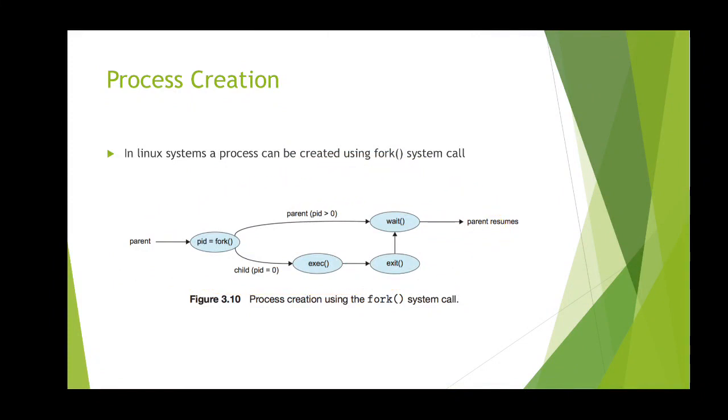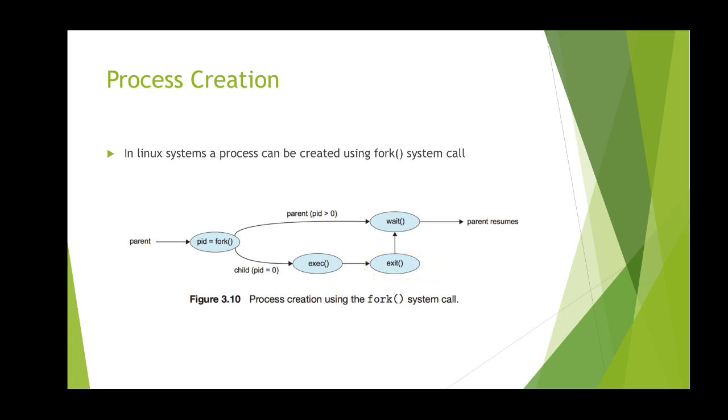Initially, the parent process is executing, and during the execution, the parent process calls a fork function or system call, and this will create a child process. This child process starts executing, and after execution, the child process calls the exit statement.